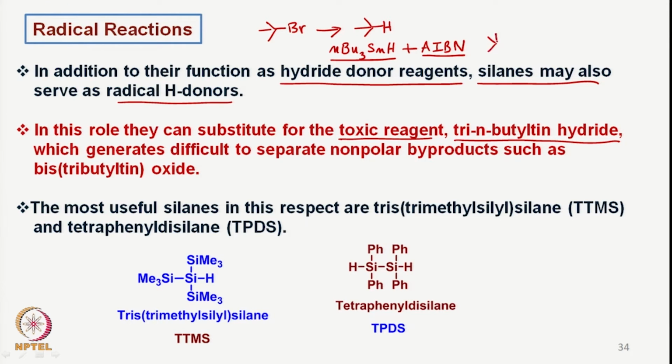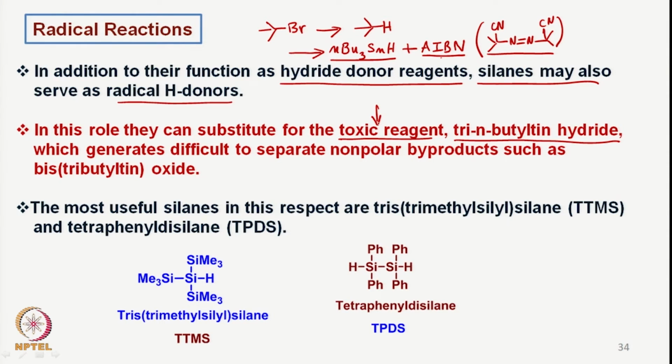So you have here CN, then you have this particular azo group, and then you have here CN. So this is what is called azo-isobutyronitrile, which we will discuss later on. So these two combinations, by heating, allow such a reduction to take place, and there are many other reactions that occur using these, but in these cases the hydrogen source is basically tributyltin hydride, and this is what is considered to be a toxic reagent.